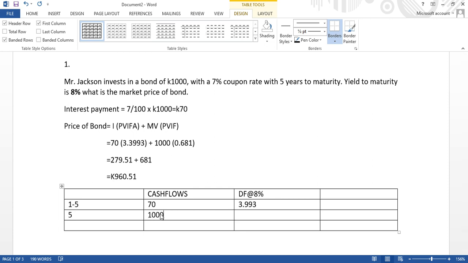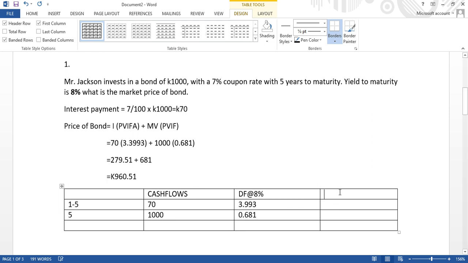279.51. Then in year 5, you receive the nominal value. This is your redemption. This debt is being redeemed at par. So when the debt matures, you're receiving this 1000, which is the face value of the debt.